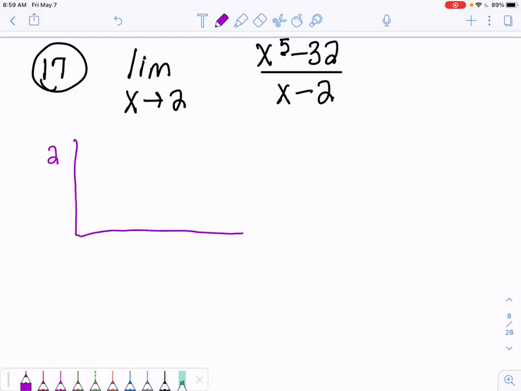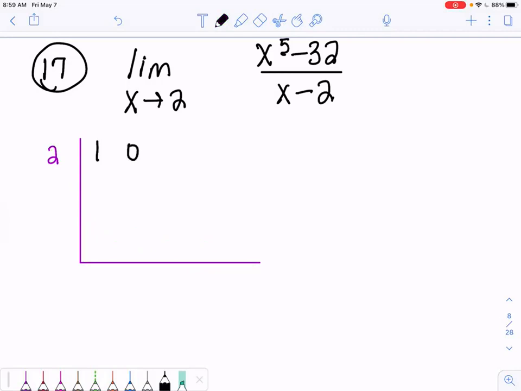And then inside would be every coefficient from x to the 5th down to 32. Well, x to the 5th has a 1 in front. x to the 4th would be a 0. x cubed, 0. x squared, 0. x is a 0. And then you have the number 32. Every exponent must be represented.